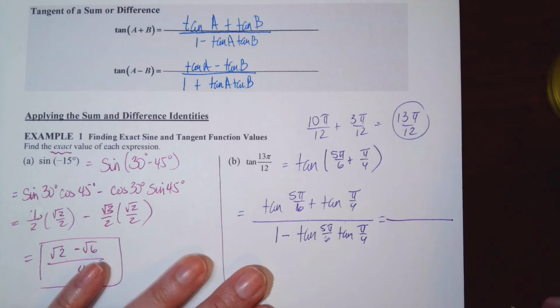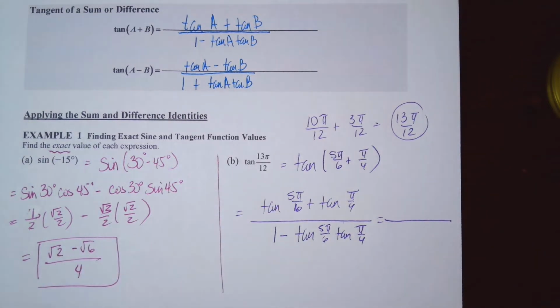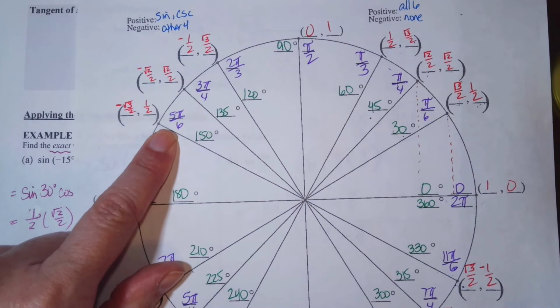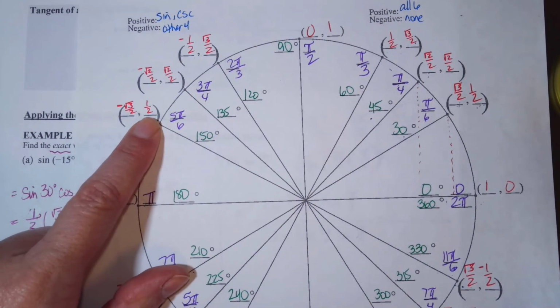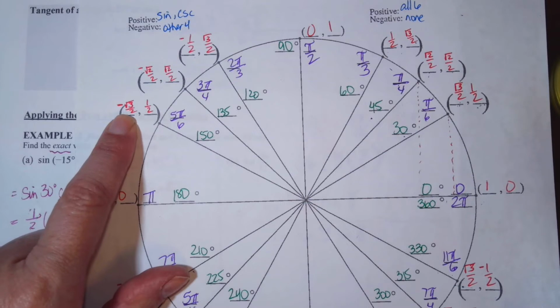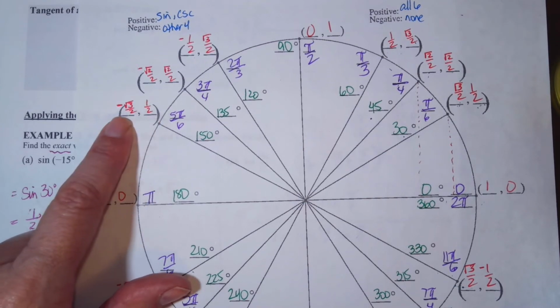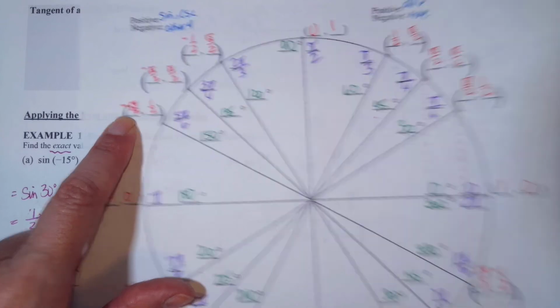But tangent of 5 pi 6th. Well, let's look at this. 5 pi 6th is over here, right here. Tangent is going to be sine over cosine. So it ends up being 1 over negative square root 3 because those 2's are going to cancel out.